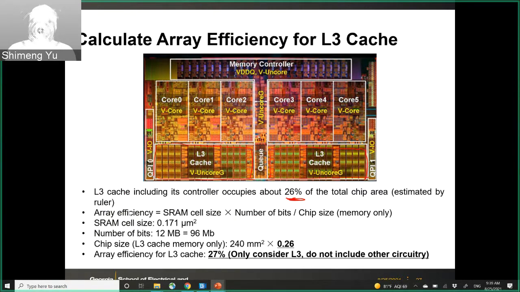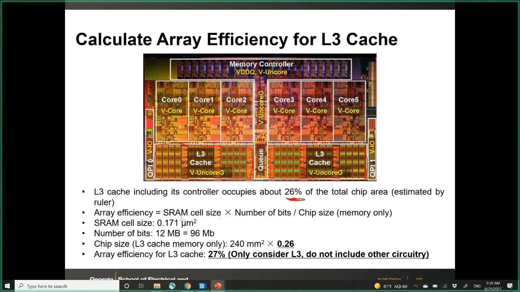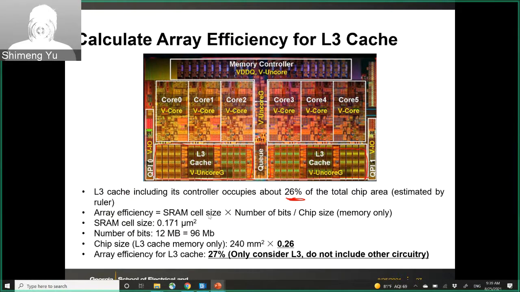So then array efficiency, as we defined earlier, will be the SRAM cell area within those two blocks. So the total SRAM area will be one SRAM cell size multiplied by how many SRAMs are in the L3 cache.